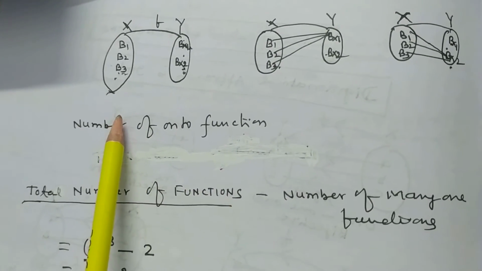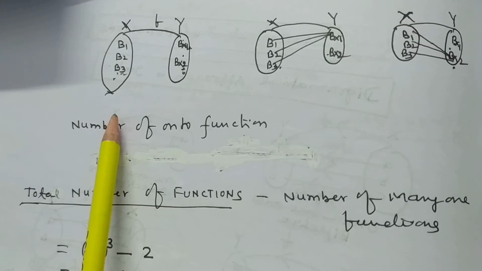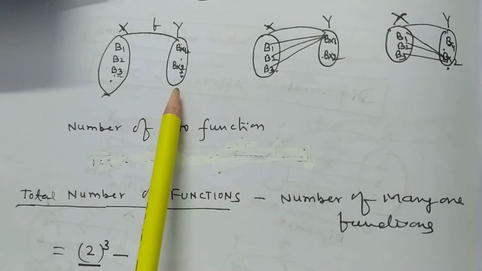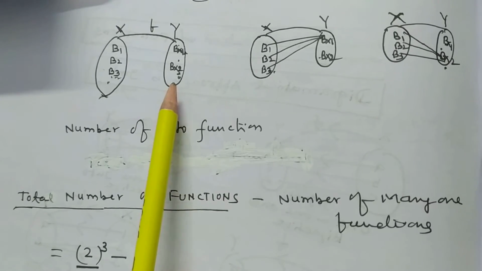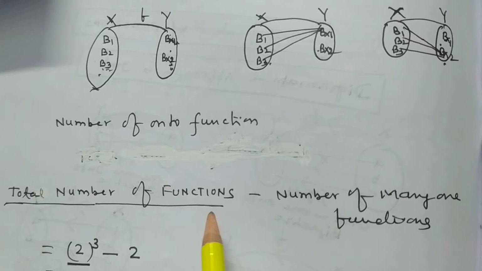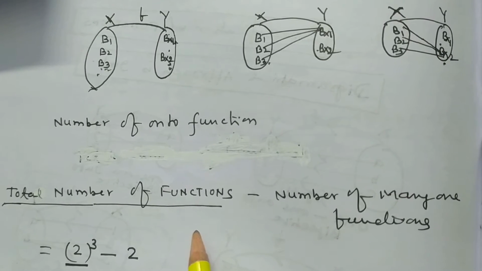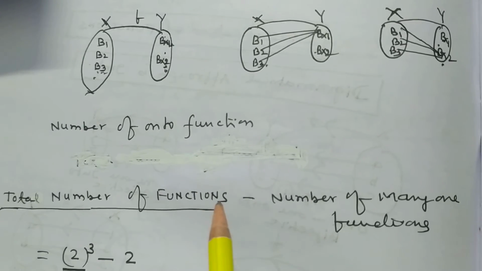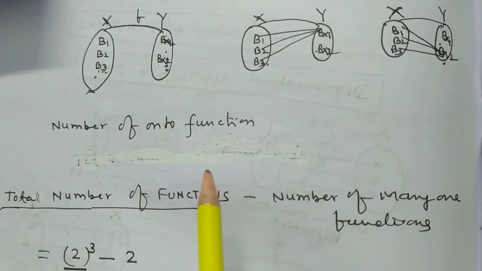Here in set x there are 3 elements b1, b2, b3, and in set y there are 2 elements. So we can find it by using counting methods.